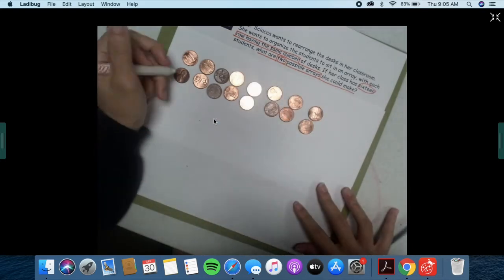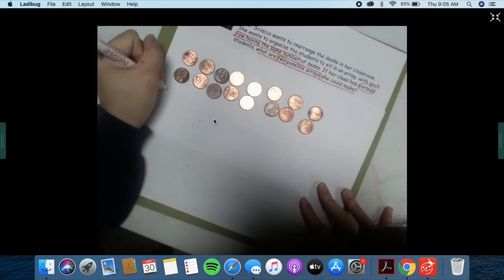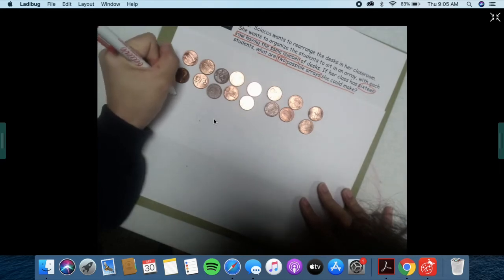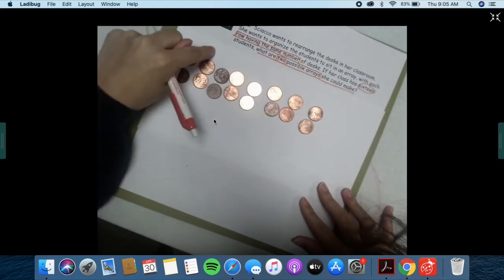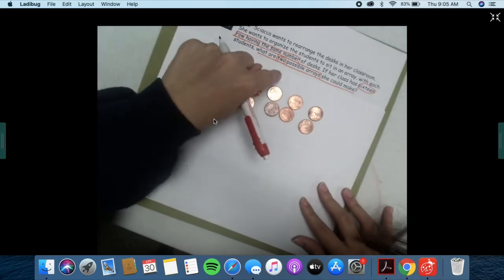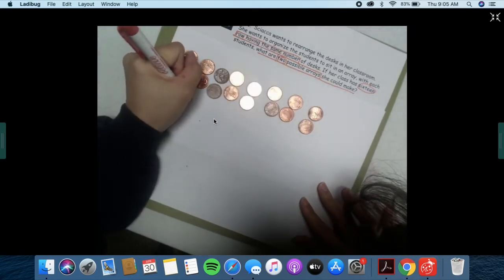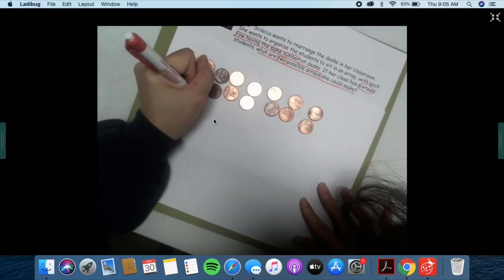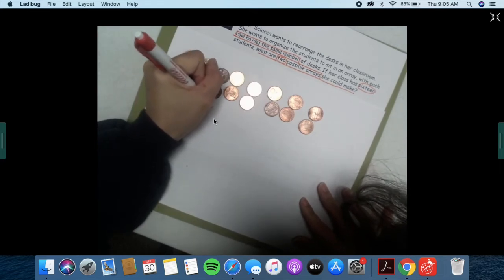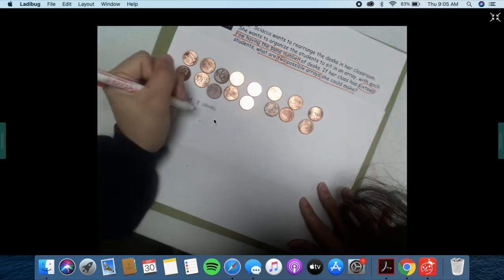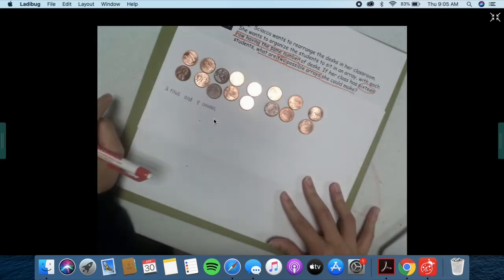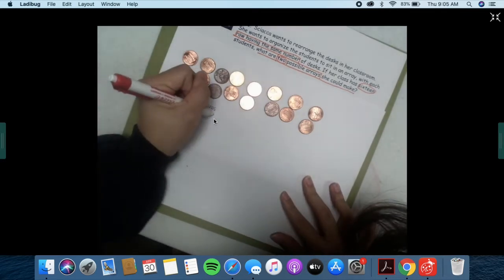So I have two rows and 1, 2, 3, 4, 5, 6, 7, 8, and 8 columns. And I can draw, instead of using pennies to show it, I can draw out my representation.